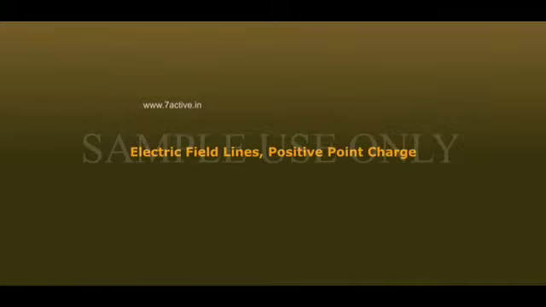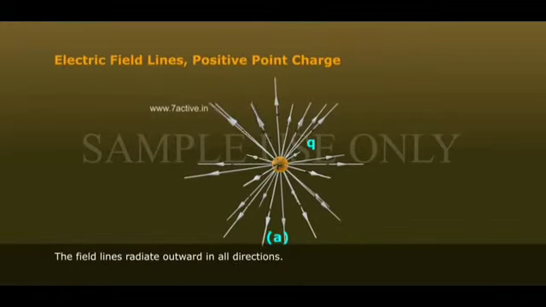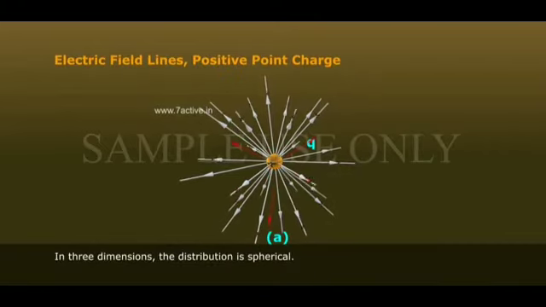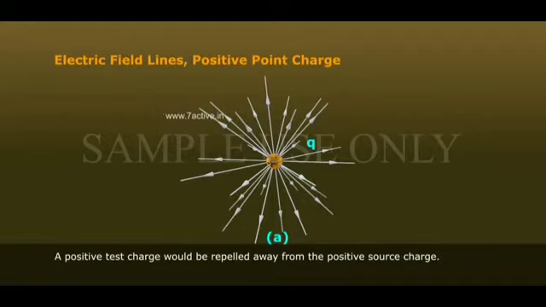Electric field lines. Positive point charge. The field lines radiate outward in all directions. In 3 dimensions, the distribution is spherical. The lines are directed away from the source charge. The positive test charge would be repelled away from the positive source charge.